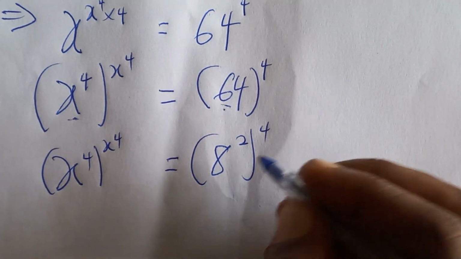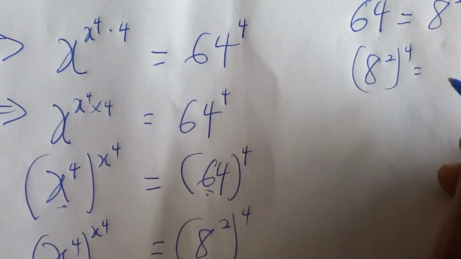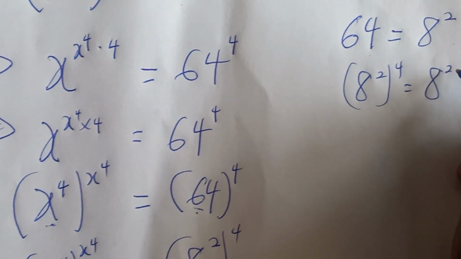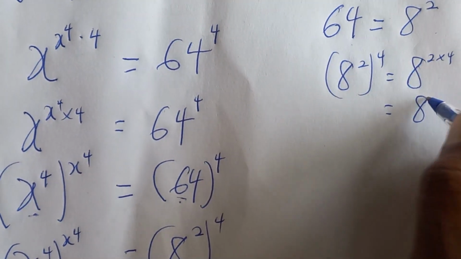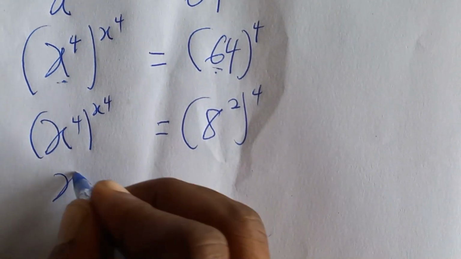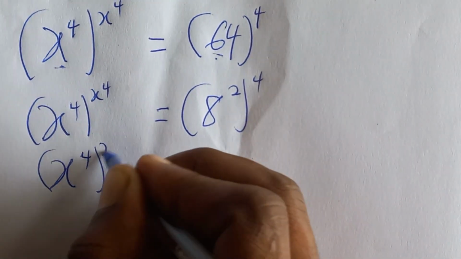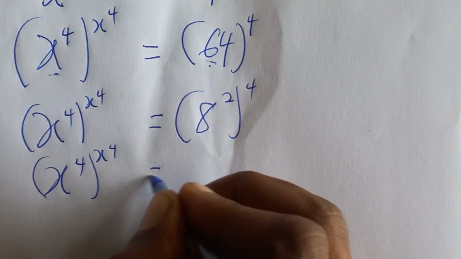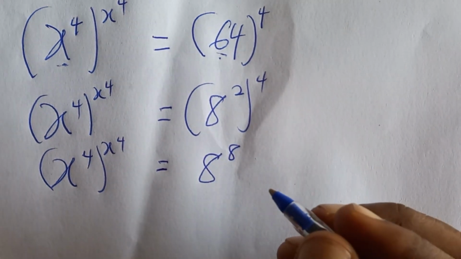And 8 squared or 4, we can say that is 8 squared times 4, which is equal to 8 power 8. Okay, so we can rewrite this as x exponent 4 to bracket x exponent 4, which is equal to 8 exponent 8.